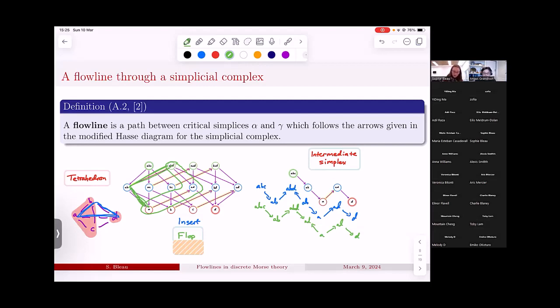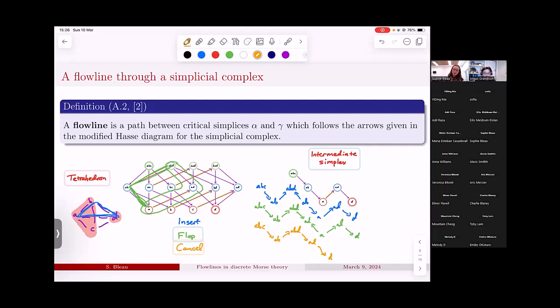The final thing we can do is we can cancel. So if we have this path here, then instead of doing all this shenanigans, going down to A, going back up to AD, we can just cut all that out and just go straight down to D. So this is basically a crash course in the three operations that we can apply to a flow line.